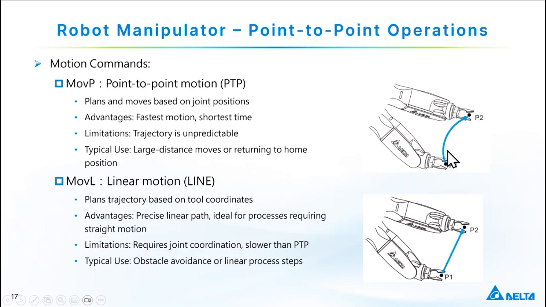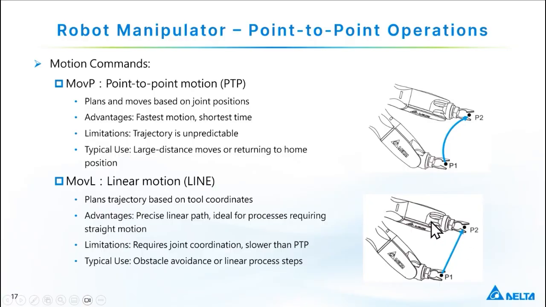We couldn't know the trajectory from P1 to P2. If we want to have, how can I say, a predictable trajectory, we have to use the linear motion because it will go through a straight line.